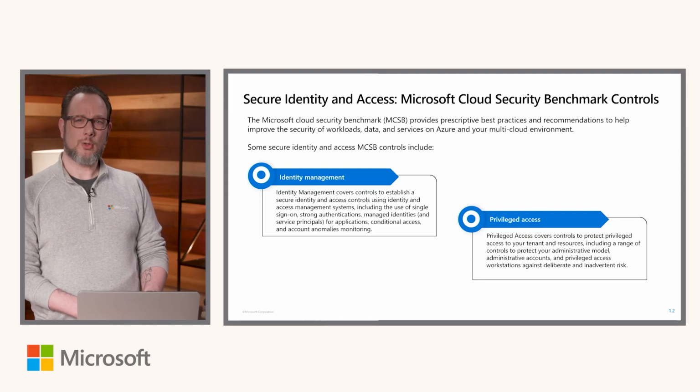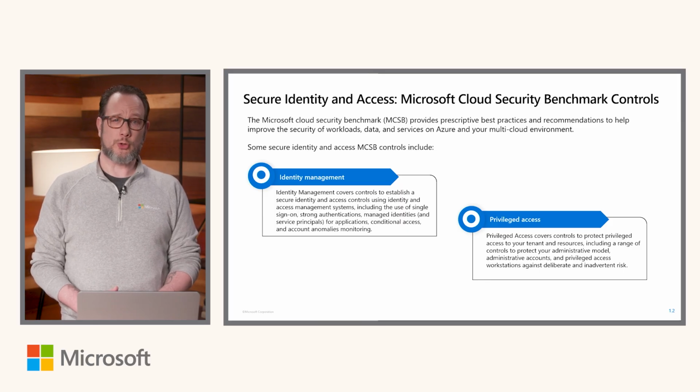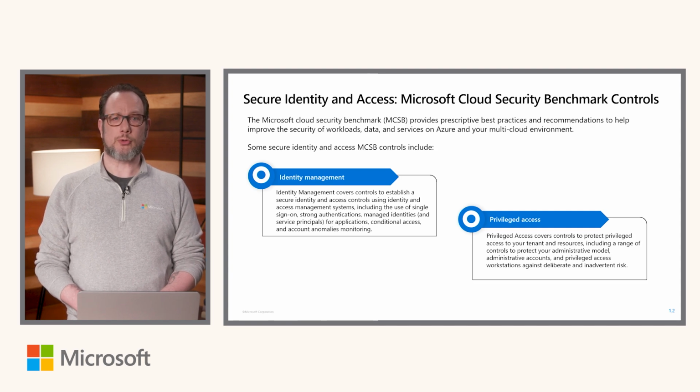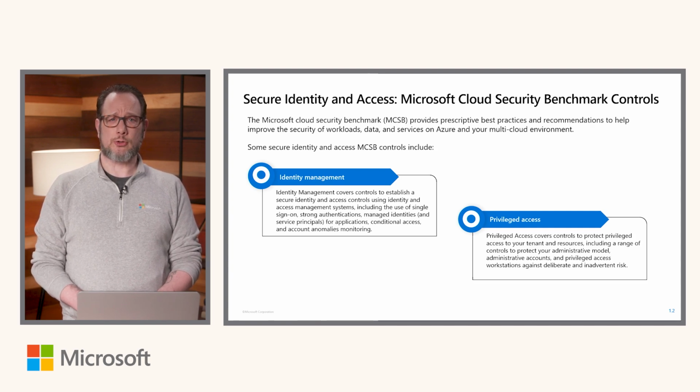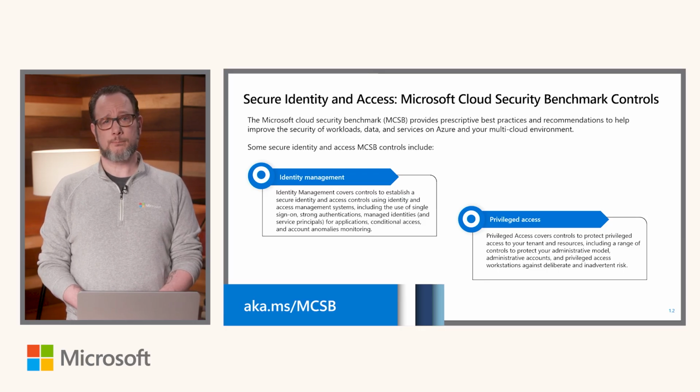When you think about what it takes to properly secure identity and access in your organization, you might not always know where to start or know how to achieve ultimate security. That's where you should become familiar with the MCSB, or Microsoft Cloud Security Benchmark controls. You can find all details about this at aka.ms/MCSB.